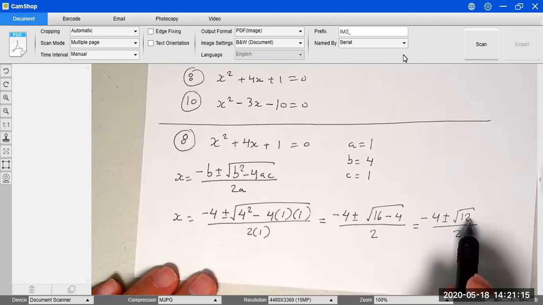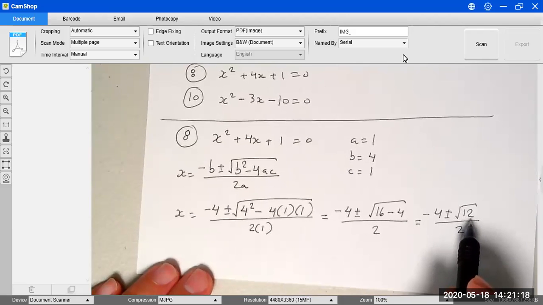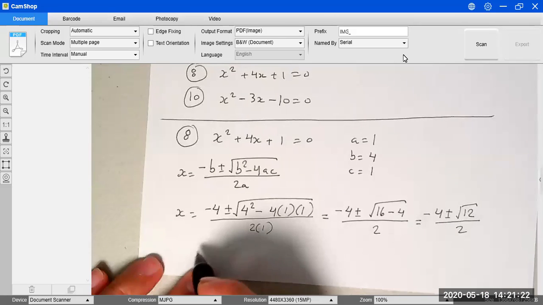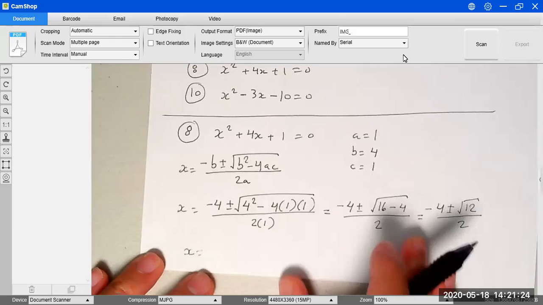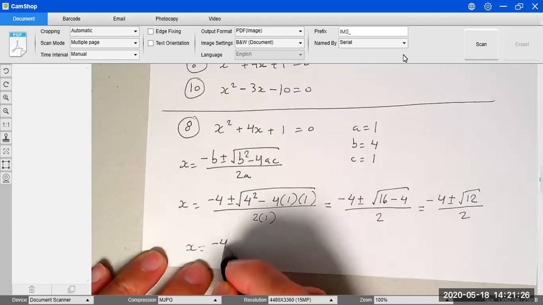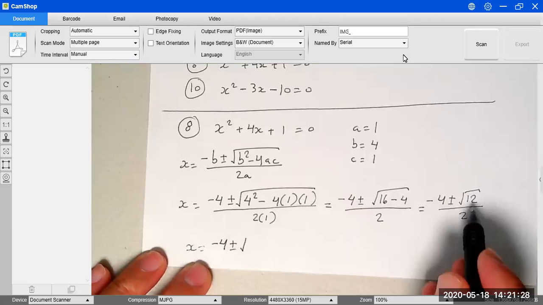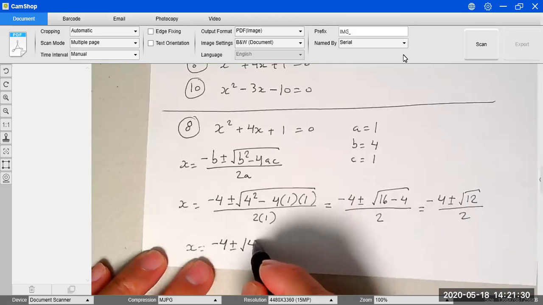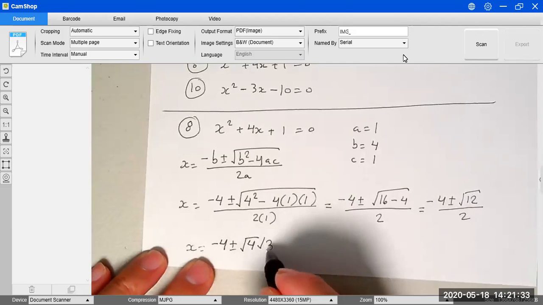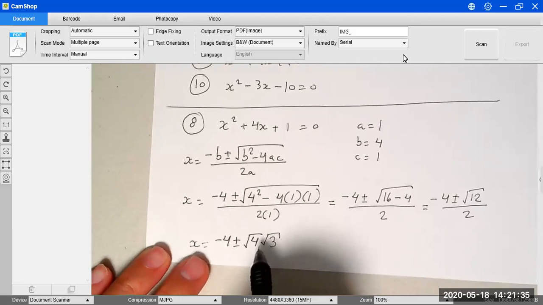So I'm going to break 12 in a perfect square part and then a non-perfect square part. So what are those factors? So I have minus 4 plus minus, then 12 is going to be 4 times 3. And remember, I need to write first the perfect square and then the non-perfect square over 2.